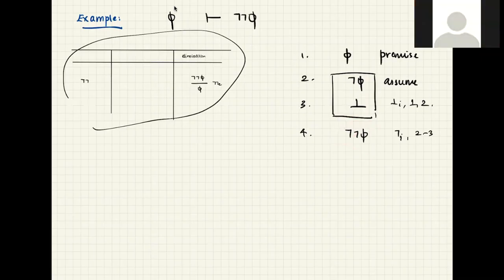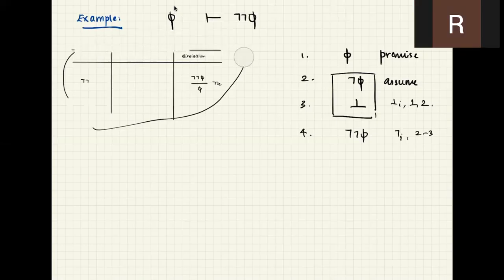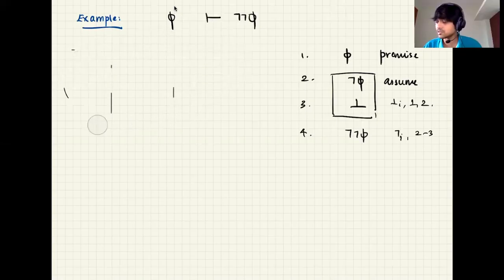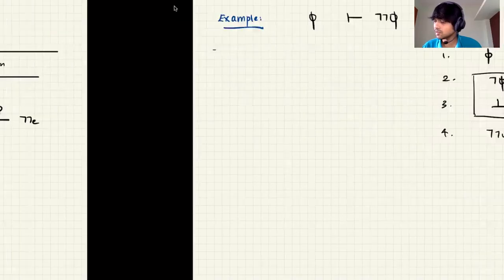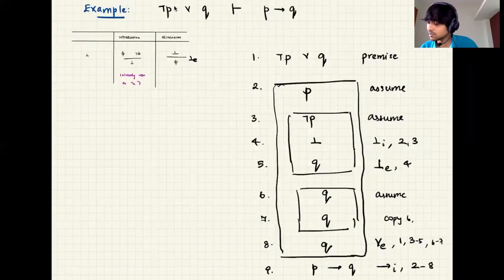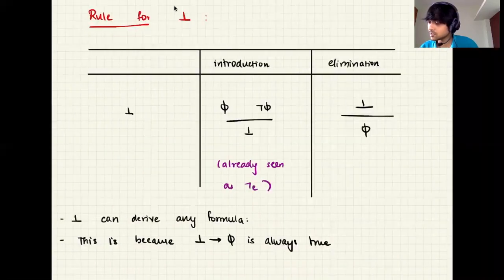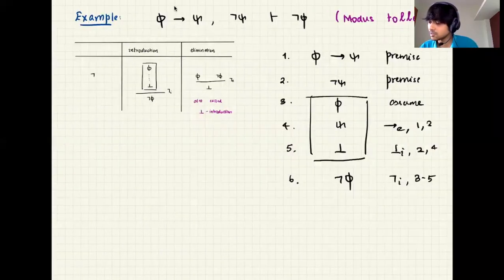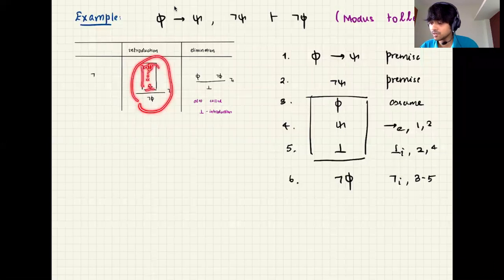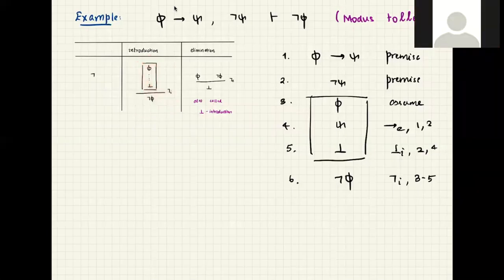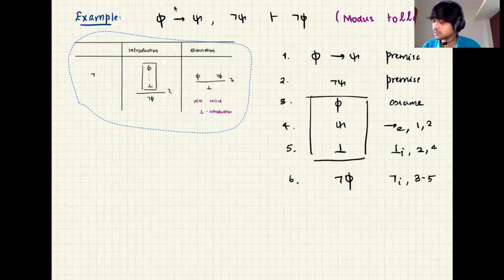In the rule, it is outside. In the negation introduction rule, starting from phi, if I derive a bot, I close this assumption and then derive not phi. Yes, sir, I wrote the rule wrongly actually. Let me copy this.